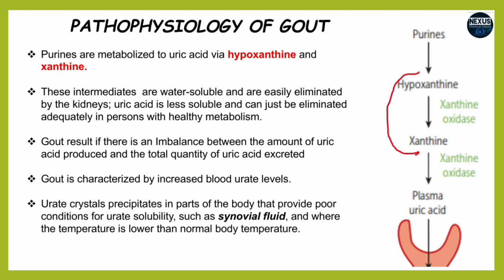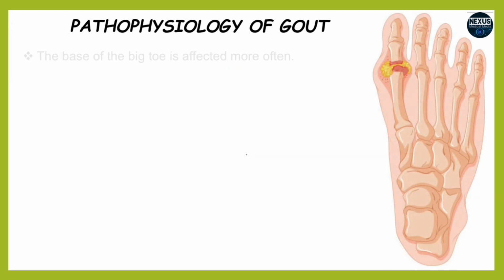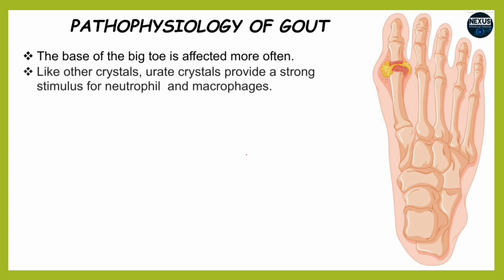Urate crystals precipitate in parts of the body that provide poor conditions for urate solubility, such as the synovial fluid, and where the temperature is lower than normal body temperature. This is what provokes a gout attack. The base of the big toe is affected more often by this gout.